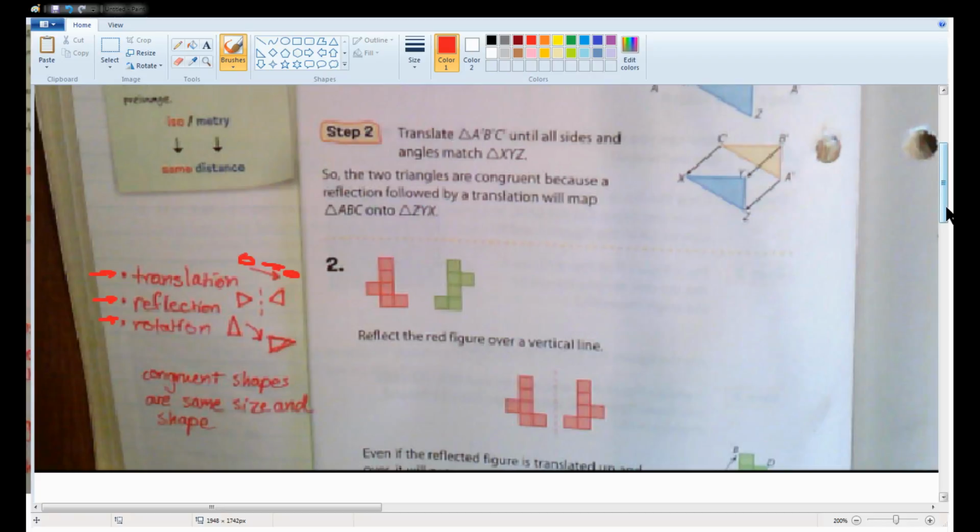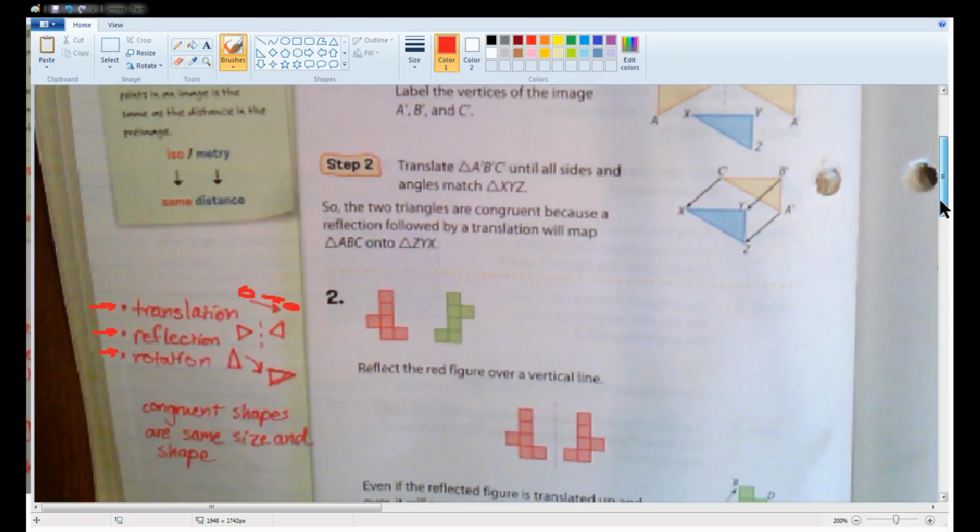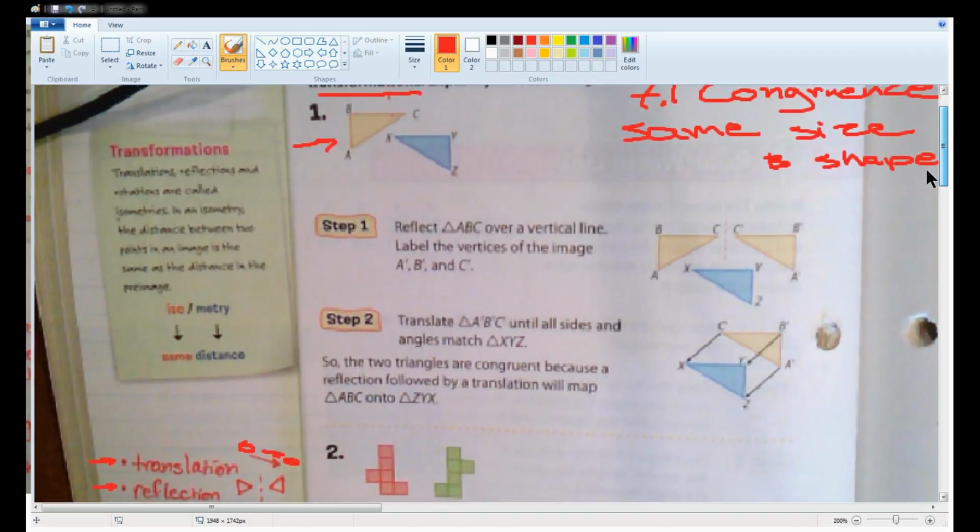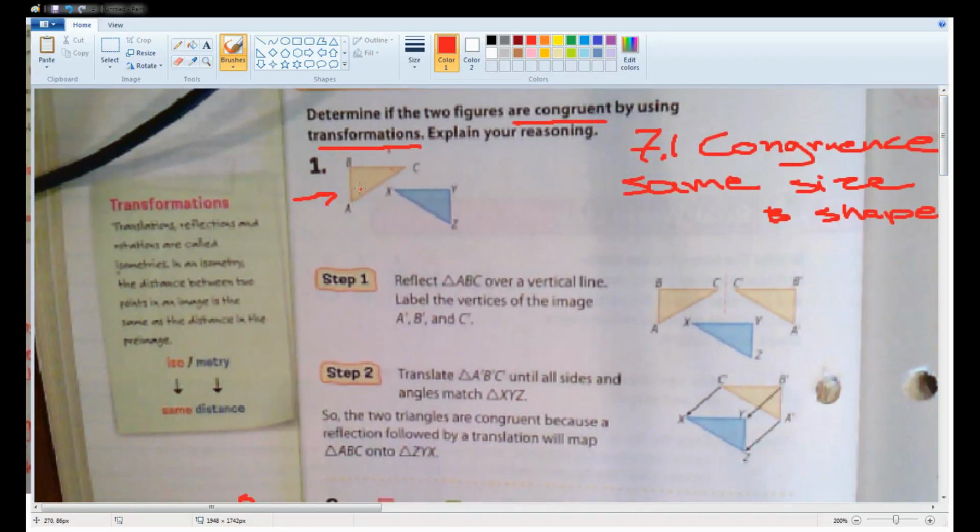So let's take a look back at our triangles, and decide how did they make them congruent and what transformations changed one to the other. Well, in this case, I noticed that side AB here, right here, it looks like it's now on the right-hand side, not the left. That to me means I've got a reflection.